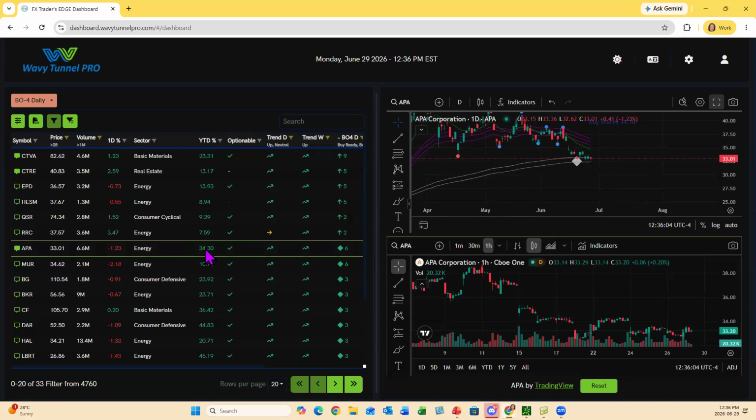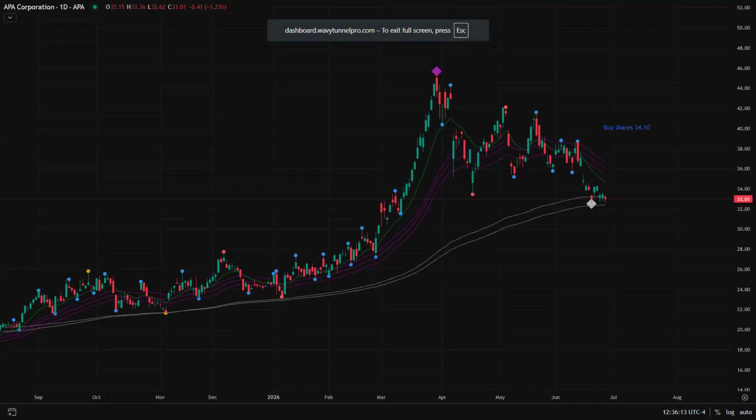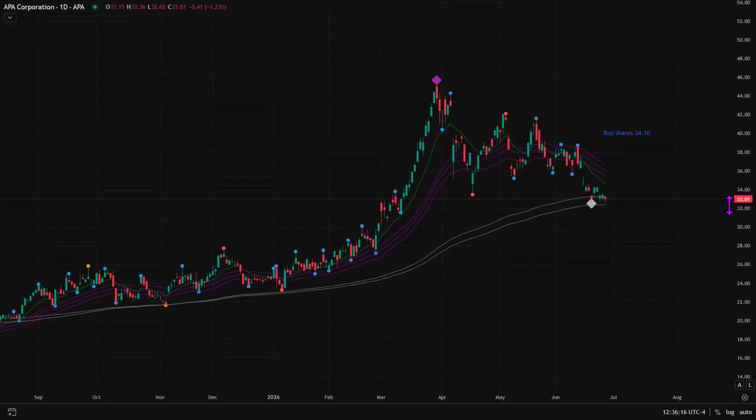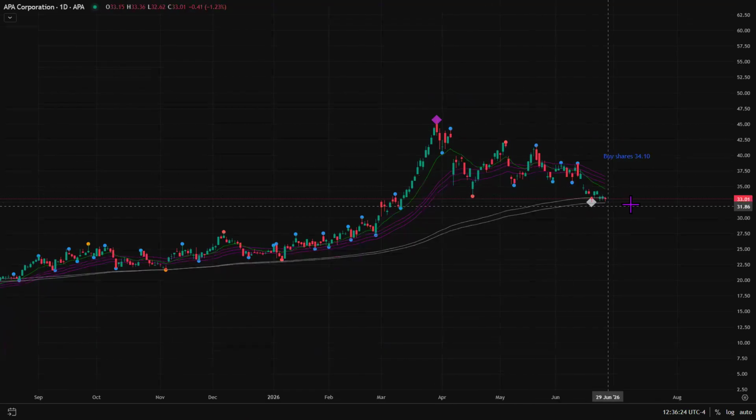We're up 34.3% for the year. So I don't anticipate that we will have a major drop, although let's have a look. I kind of like this price action where we have a very strong move up, and then this is just a very long consolidation.